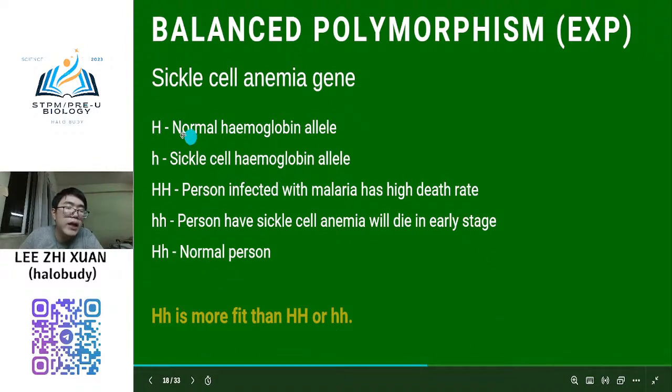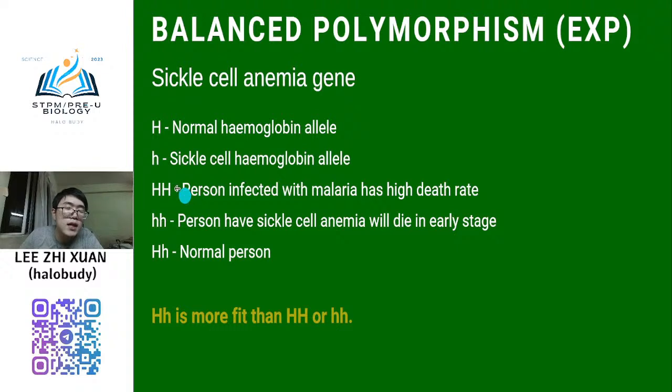Actually, the person with HH is normal, and the homozygous dominant and heterozygous are also normal. This homozygous dominant also will not get sickle cell anemia, but the research found that when the people have both dominant alleles and are infected with malaria, it will have a high death rate.